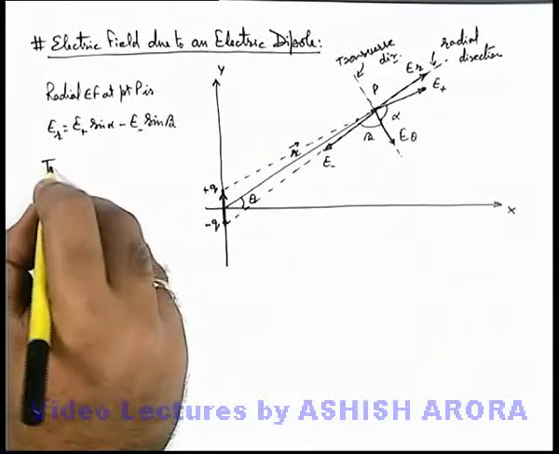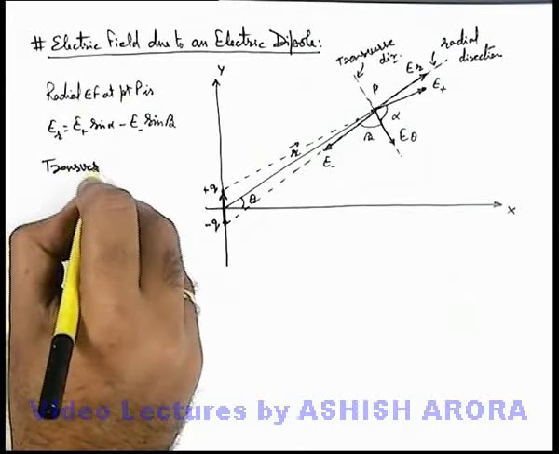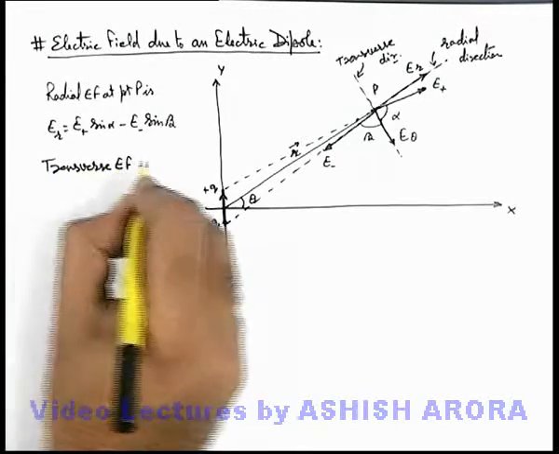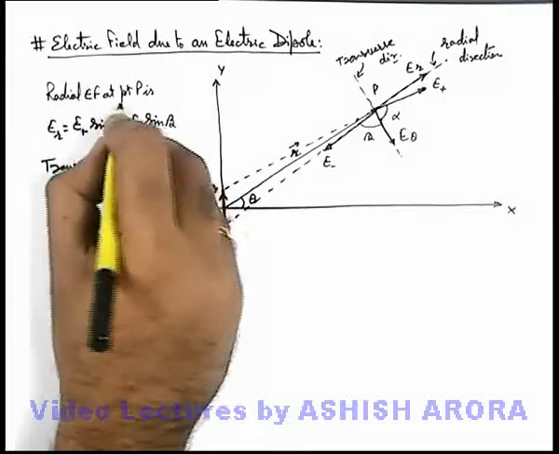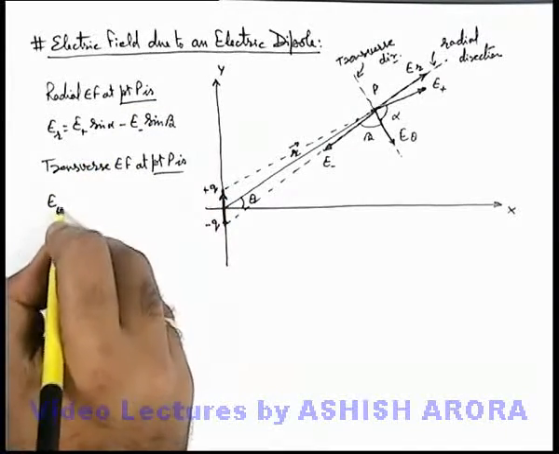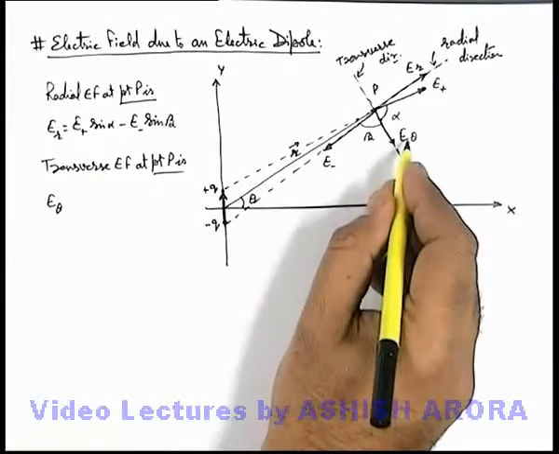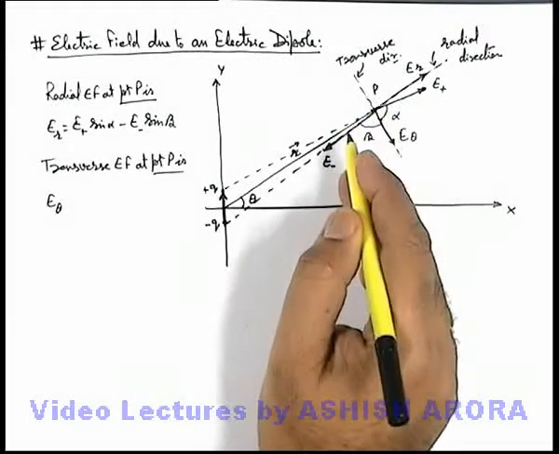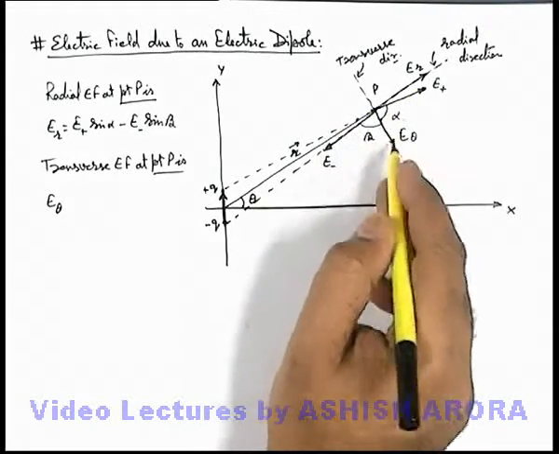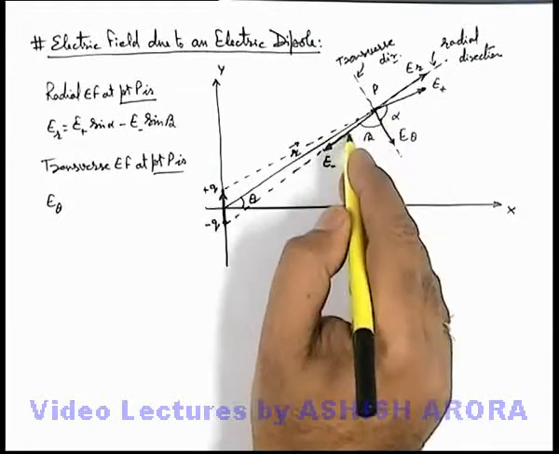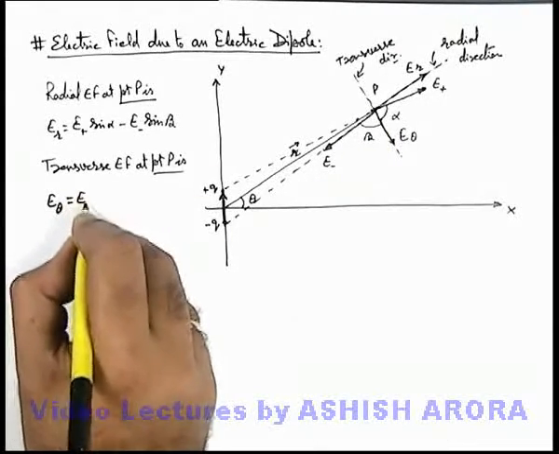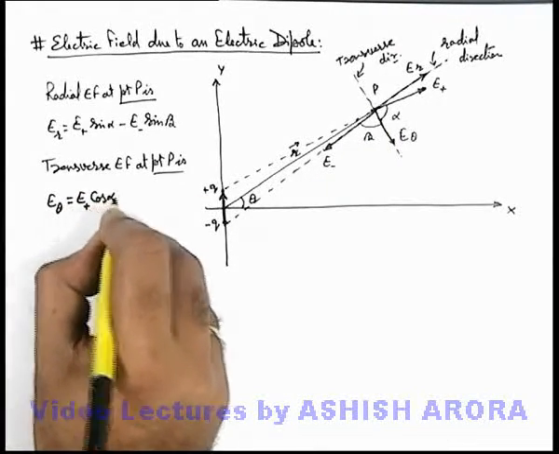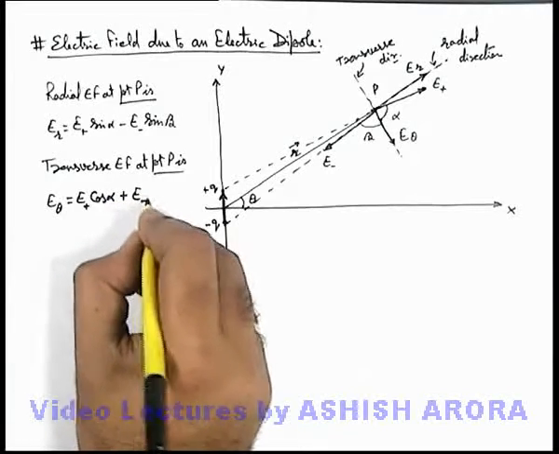Similarly, the transverse electric field at point P is given as E theta, which is perpendicular to the radial direction. Here it is given by the sum of the two components because these are in the same direction, so it can be written as E positive cos alpha plus E negative cos beta.